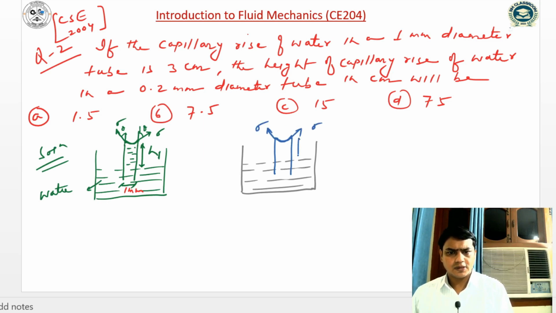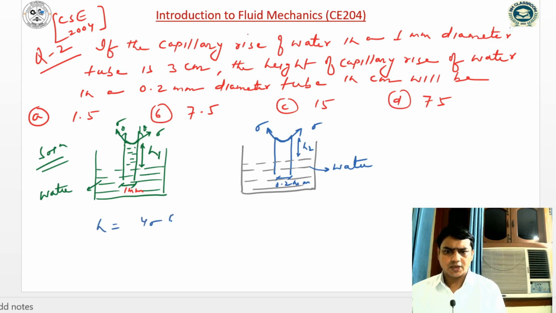Let us assume this is H2 and this diameter is 0.2 mm. Once again it is water. So we have the expression H is equal to 4 sigma cos theta divided by gamma W into D. Surface tension will be the same.